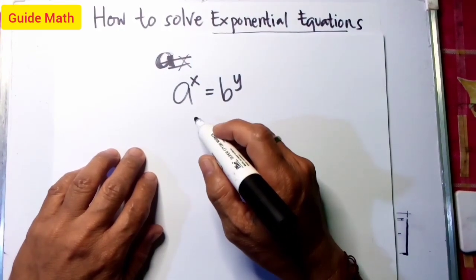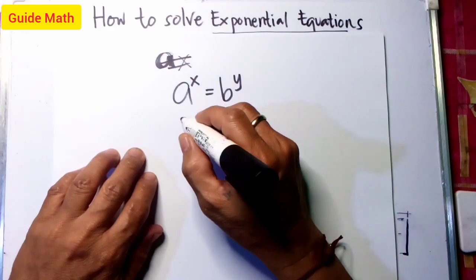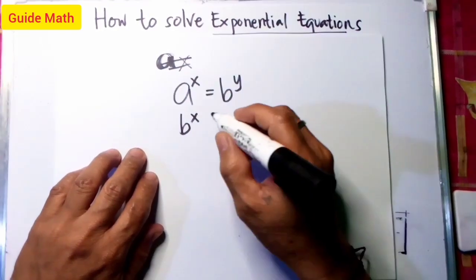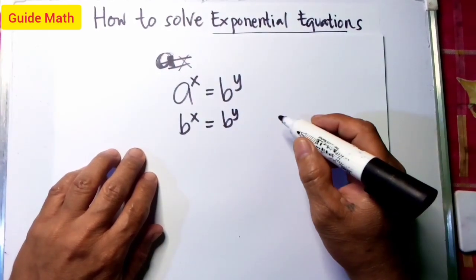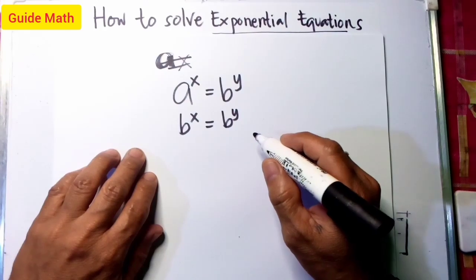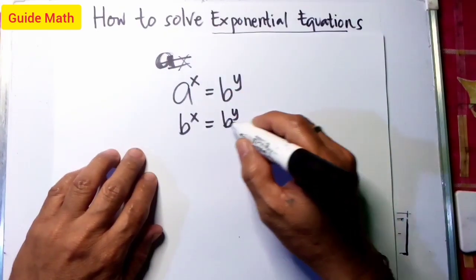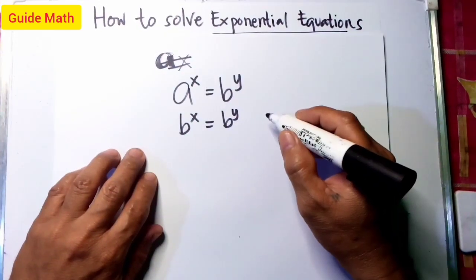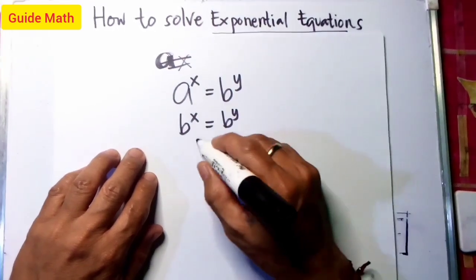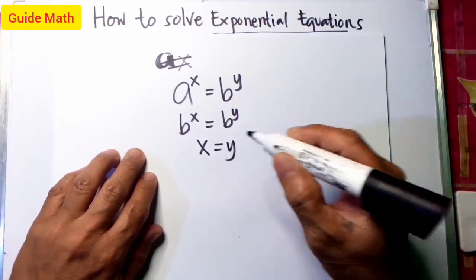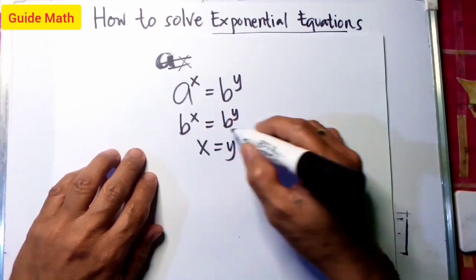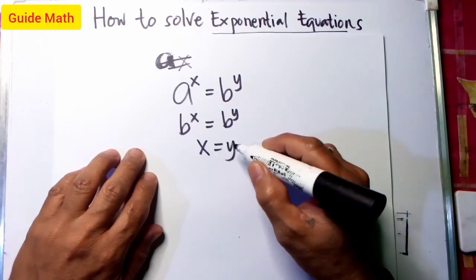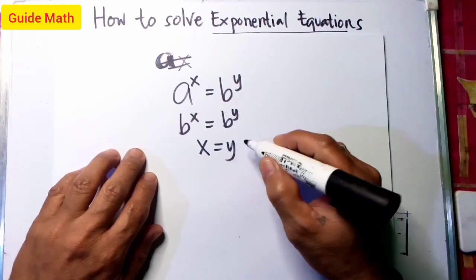Then b raised to x is equal to b raised to y if and only if x is equal to y. So in other words, if the bases are the same, then the exponents must be equal.